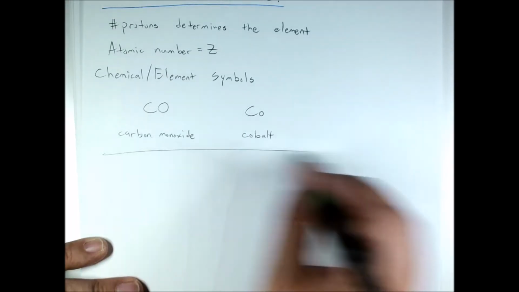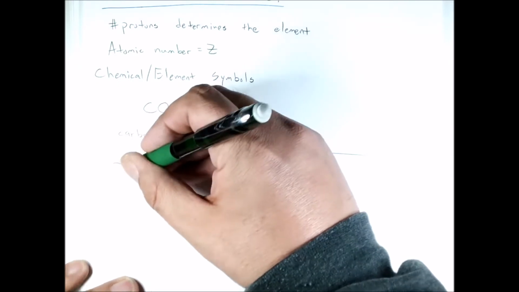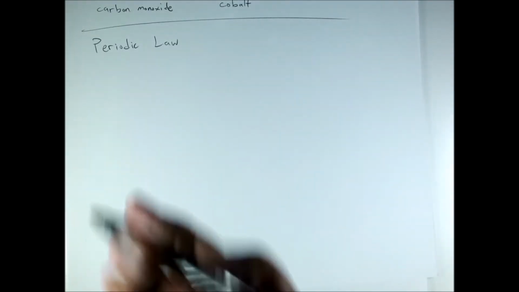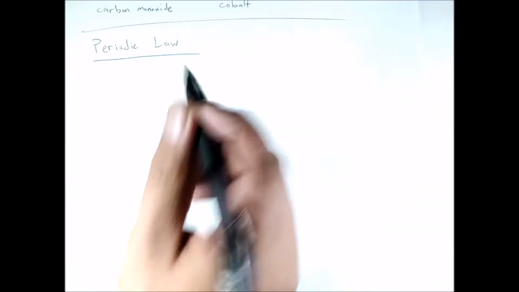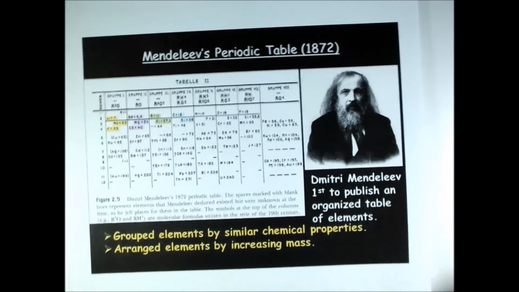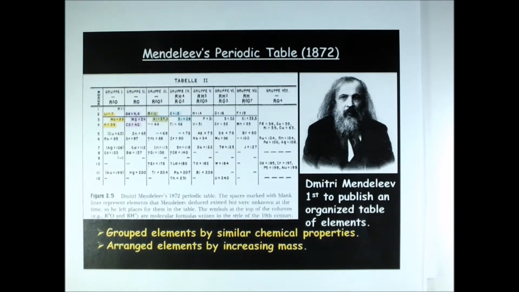Here we have what's the so-called periodic law. Turns out back in the olden days, Mendeleev was arranging chemicals by mass on a little table that he generated here. And what he was finding when he arranged things by mass, that periodically certain chemical and physical properties would repeat. And we actually find that on the periodic table.